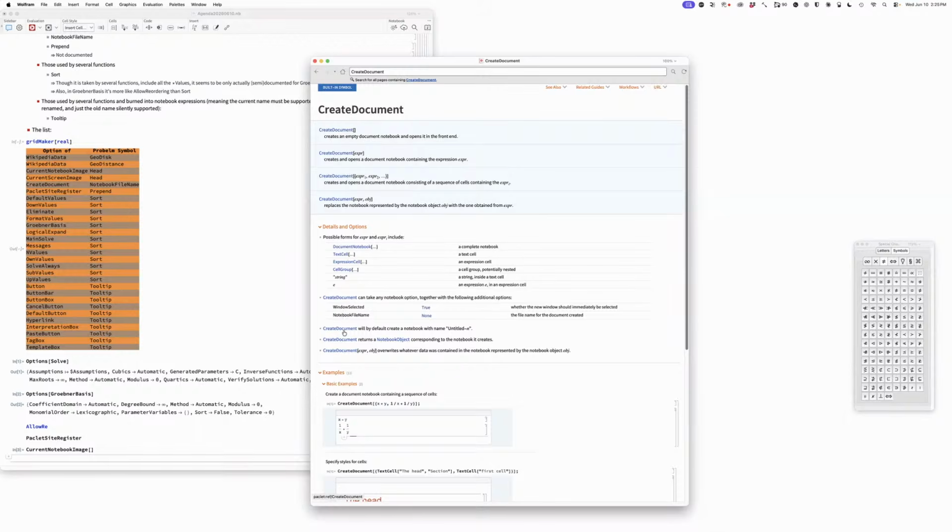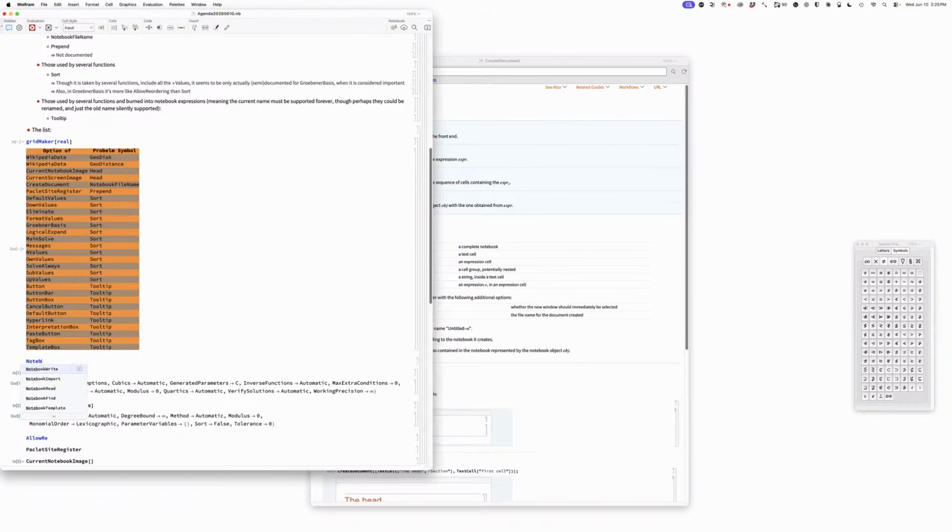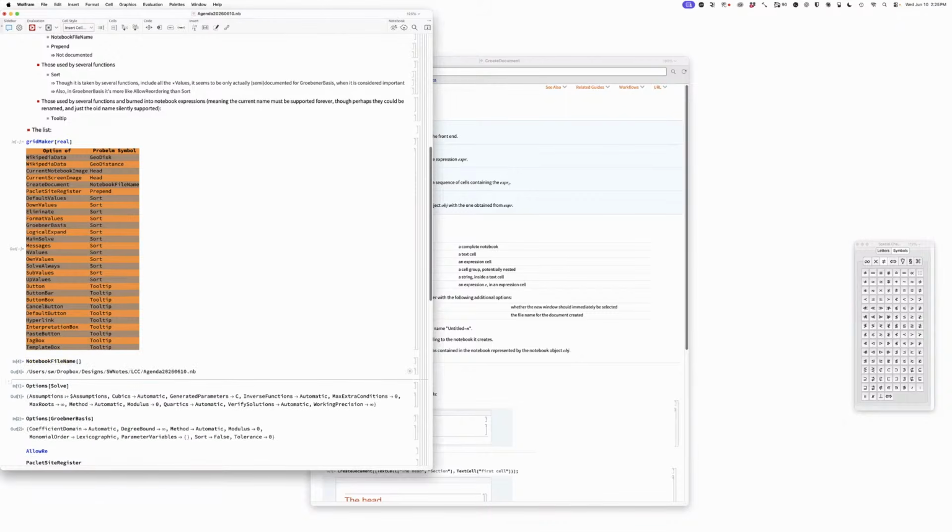I see. Well, what's the name in the option inspector? If I want to find the name of this notebook, how do I do that? That's notebook file name bracket. Yeah. There are a couple of different things you can mean by name, but if by name you mean the file in which it will be saved, then that's notebook file name.